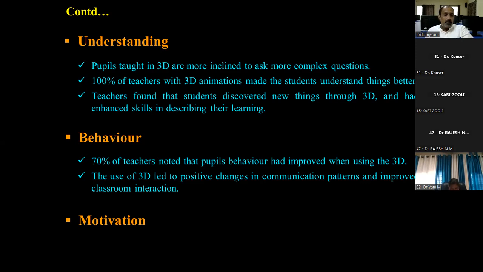Even though we are inspiring teachers, many times it is very difficult to control. But definitely when it comes to the behavior, this technology and e-learning platform with AR and VR has shown a positive sign. So 70% of the teachers noted that student behavior had improved when using 3D, right? That's with respect to the behavior.